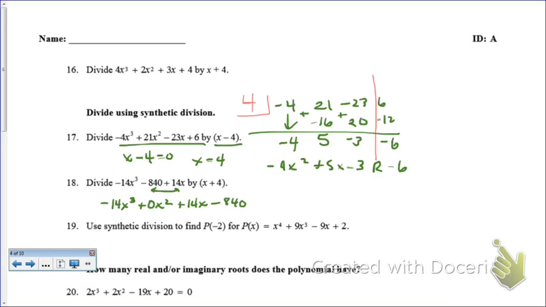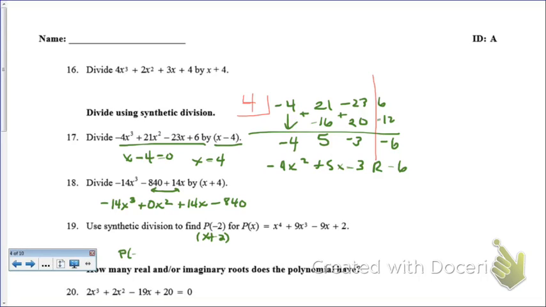Number 19 says use synthetic division to find p of negative 2. That just means what's the remainder when you're dividing by x plus 2. But the remainder theorem says we just have to put that negative 2 into the function, and that's going to be what our remainder is, and that's what we really want to know here.